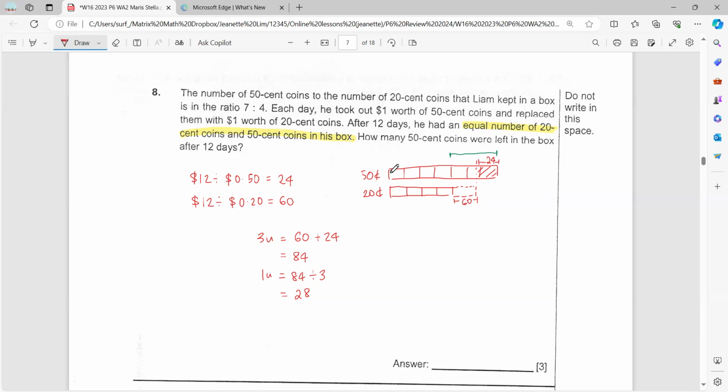So 50-cent coins, 7 units at first, then 196 minus 24, 172. Now, if you were to take 4 units and add 60, you will technically get the same answer because the number of 20-cent coins and 50-cent coins are equal in the end.